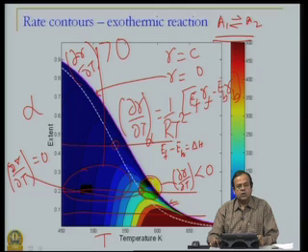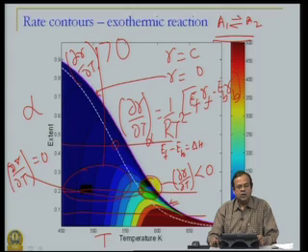Kinetics wise, temperature increases tend to increase the rate of reaction, but from a thermodynamic point of view, for an exothermic reaction, an increase in temperature tends to decrease the equilibrium constant, therefore decrease the equilibrium extent of reaction, therefore decrease the rate of reaction.